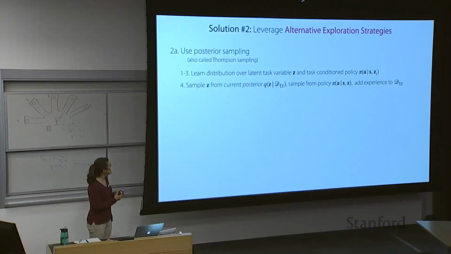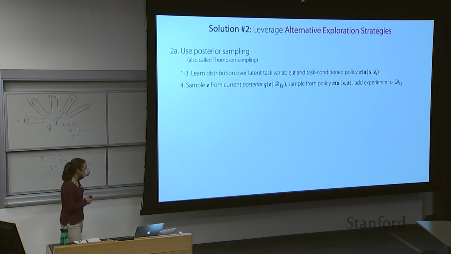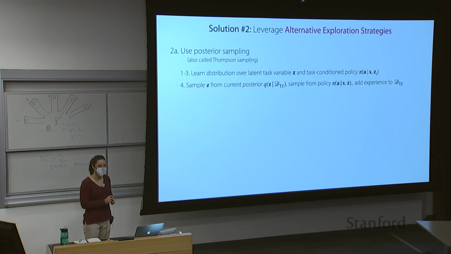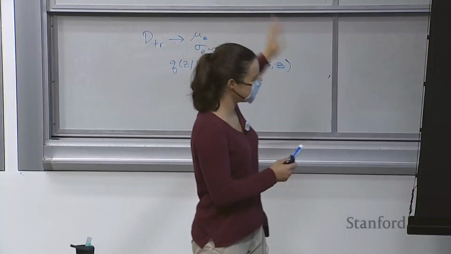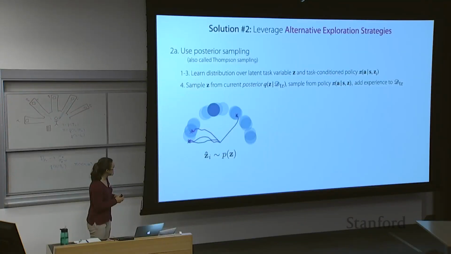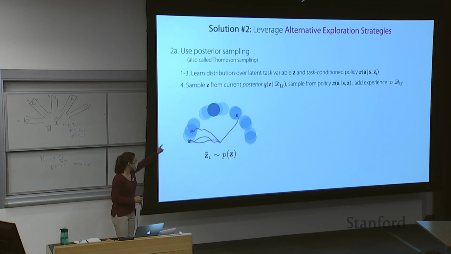Okay, so to summarize, we're learning a representation of the task, a policy that conditions on that task, and then doing this form of posterior sampling in order to solve the task. As an example that's fairly similar to the mazes, say different tasks correspond to these blue circles, and the correct task is this dark blue circle.